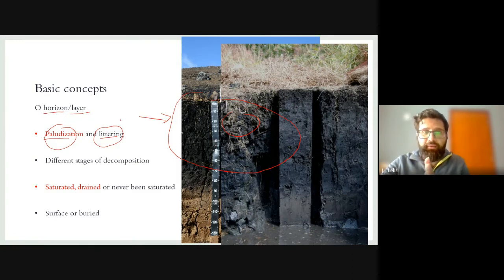So soil taxonomy and World Reference Base are different. Paludization and littering produce an O horizon according to the soil taxonomy, but according to the World Reference Base, only littering produces an O horizon, and paludization produces an H horizon or an H layer.